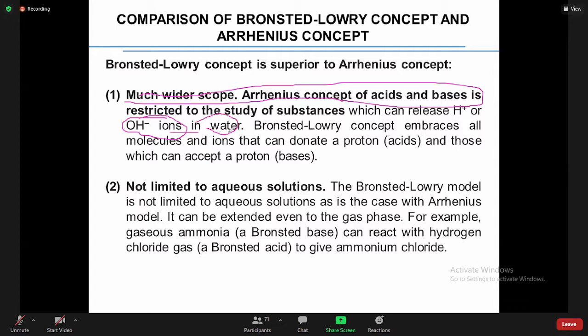So this is one of the widening processes in the concept. The second one is that it is not limited to aqueous solution, as you already told. The Bronsted-Lowry concept is not limited to aqueous solution.